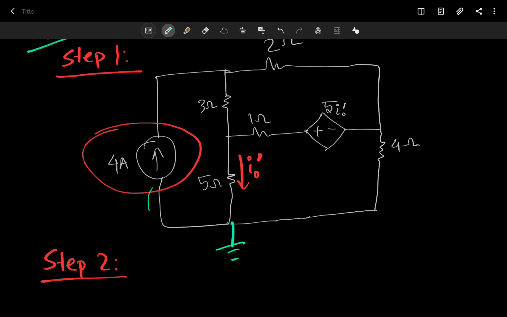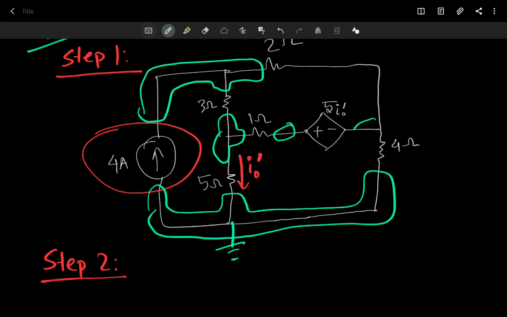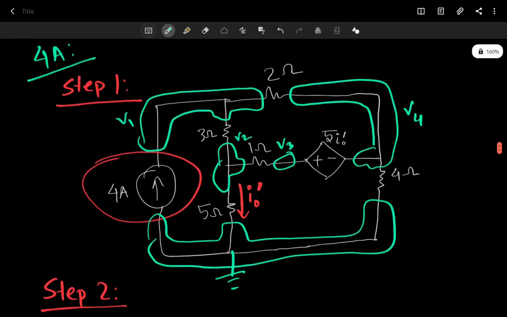Then we have this node here, this one here, this one here, and this one here. Maybe we call this V1, this V2, this V3, and this V4. And now we write the node equations for them.